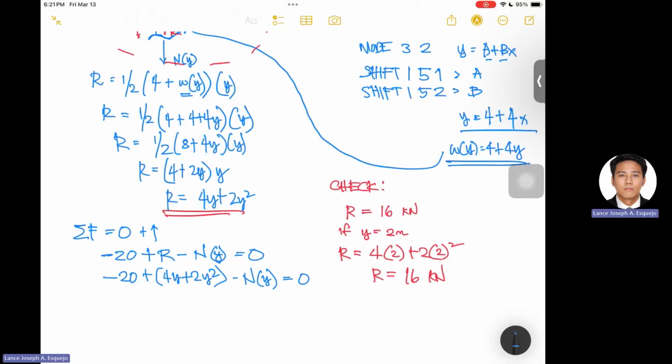So simplifying, we have n of y is equal to negative 20 plus 4y plus 2y squared.